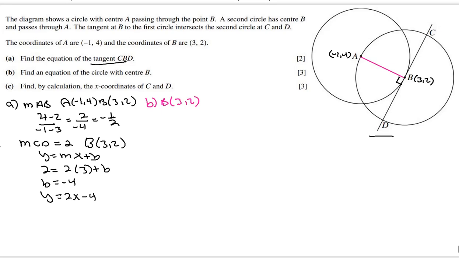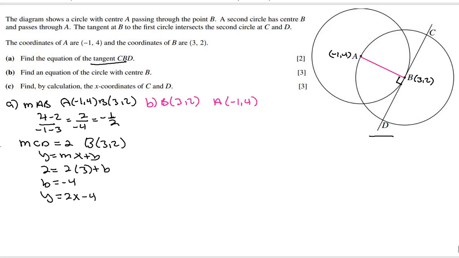And then I wish I had a radius, so then I could make it equal to the radius squared, but I don't. But the other thing that's okay then is if I have a point that's on the circle, which in this case, they told me, A is (-1, 4).